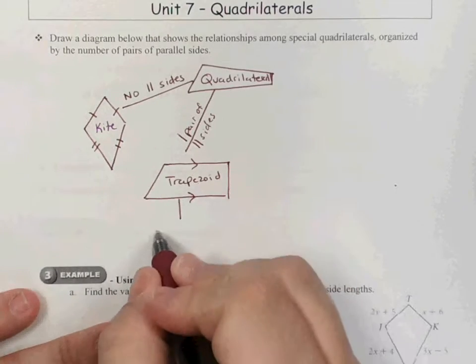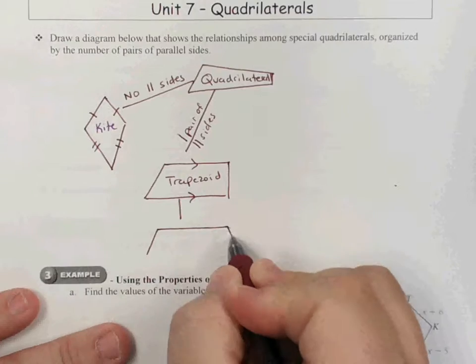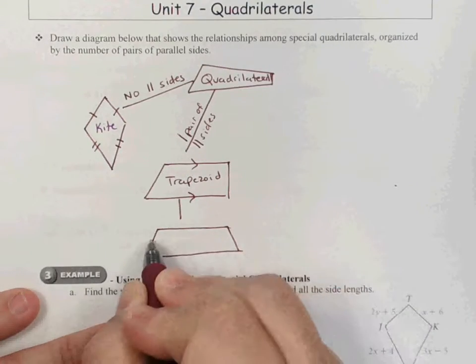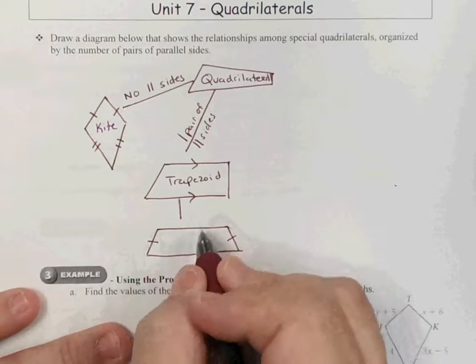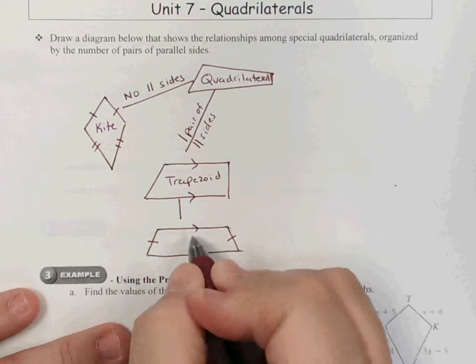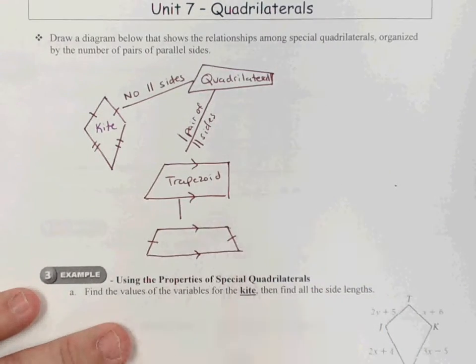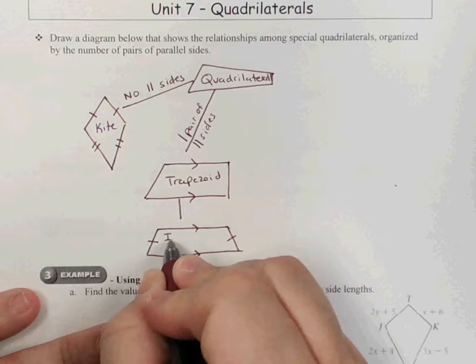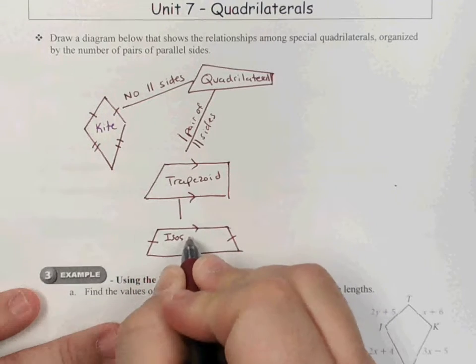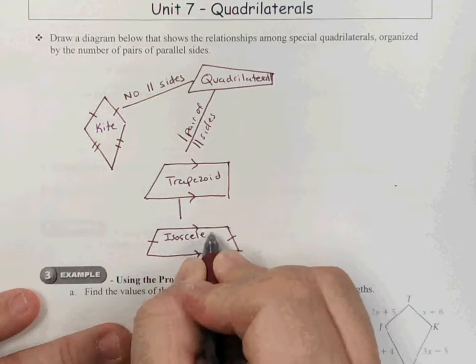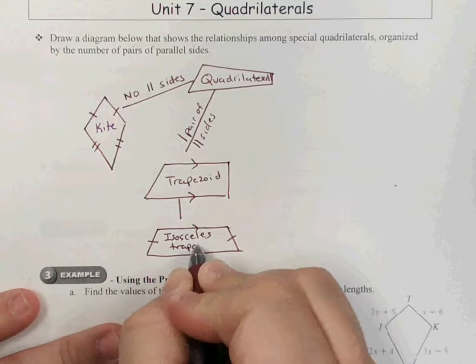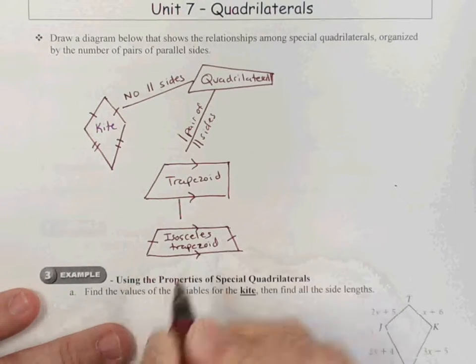And specifically, we could have an isosceles trapezoid, as long as these sides are parallel and these things are congruent. This is where we have the isosceles trapezoid.